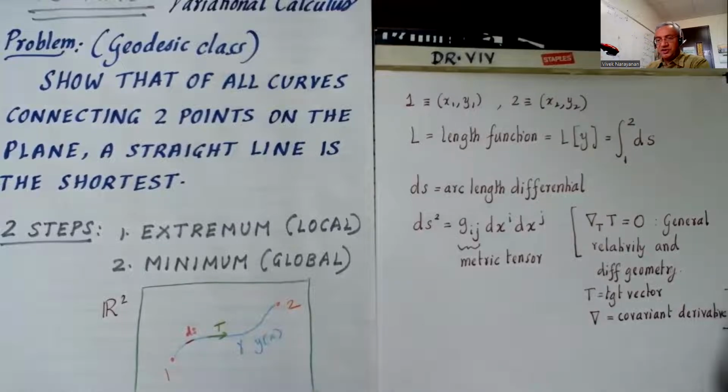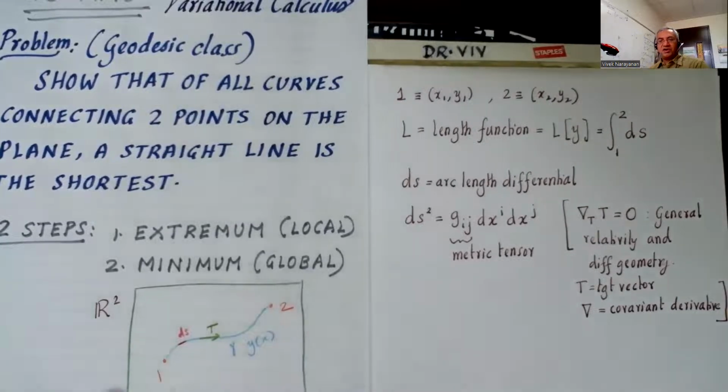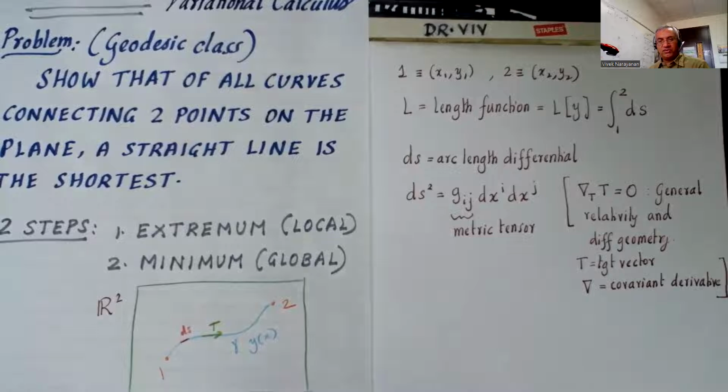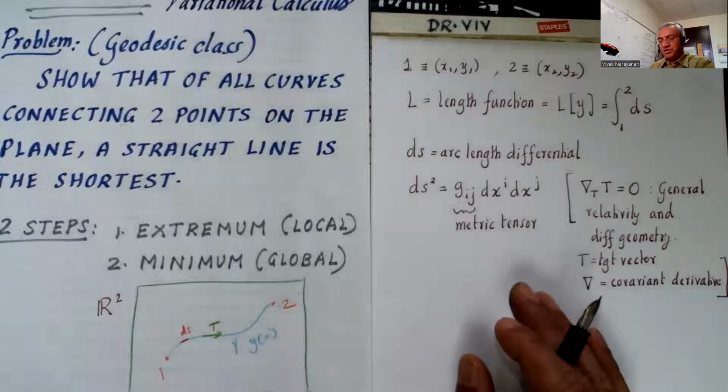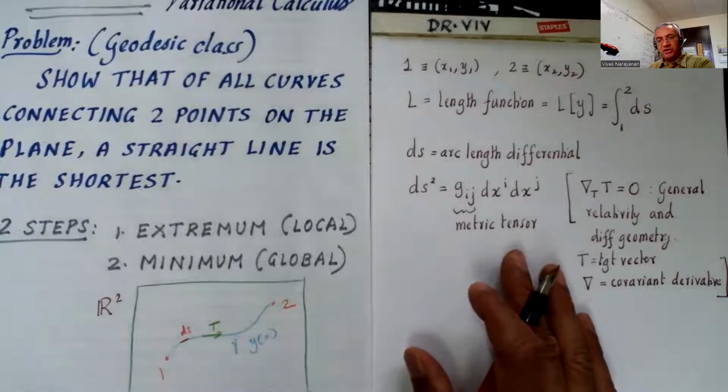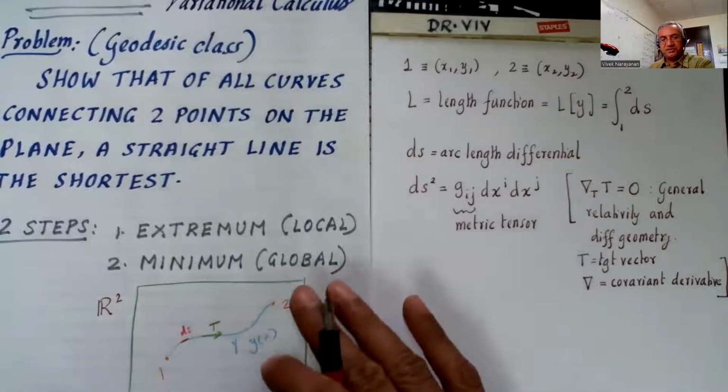Although it's interesting, it's a little bit tangential to our line of thought in this course, so I won't pursue general relativity anymore. In our example, the metric tensor is a very simple one because the space is flat.